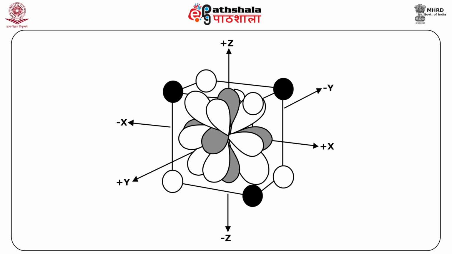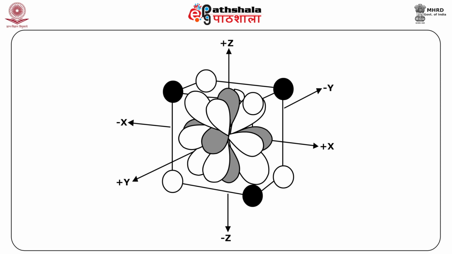Consider a tetrahedral complex placed inside the cube with the metal ion in the center and ligands occupying four alternate corners of the cube. Thus, the rest four corners of the cube remain empty.